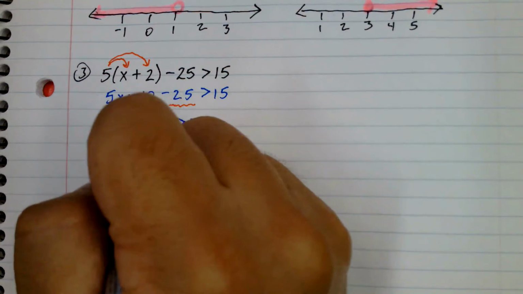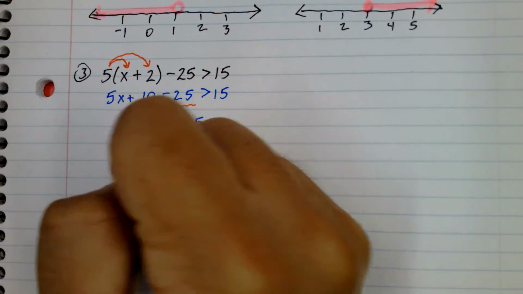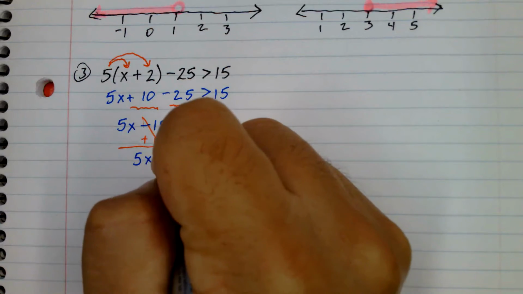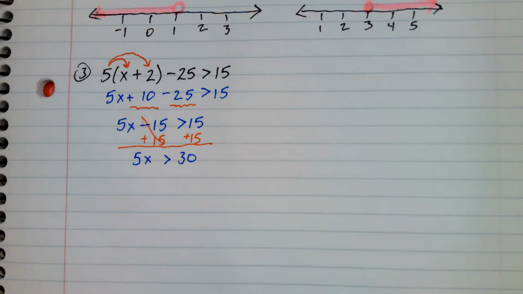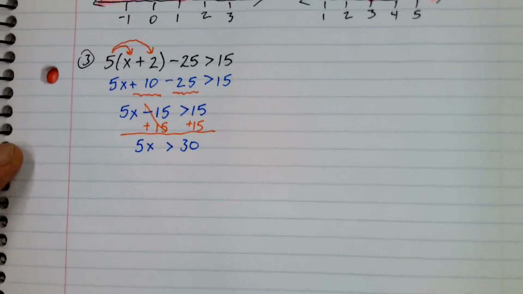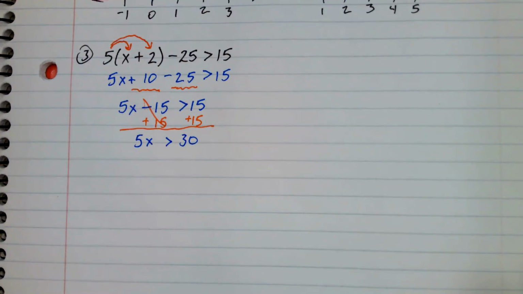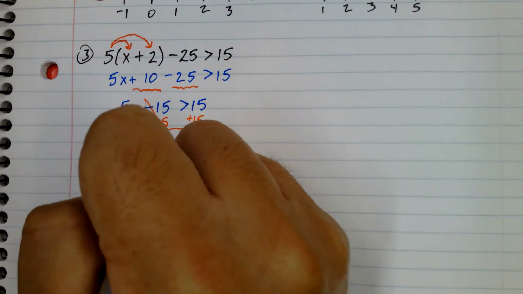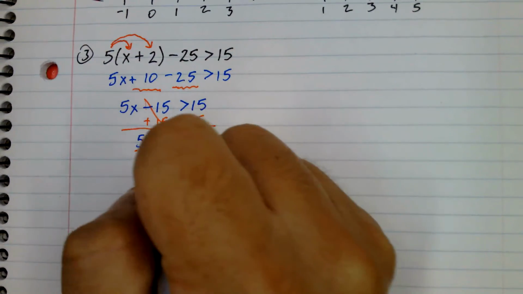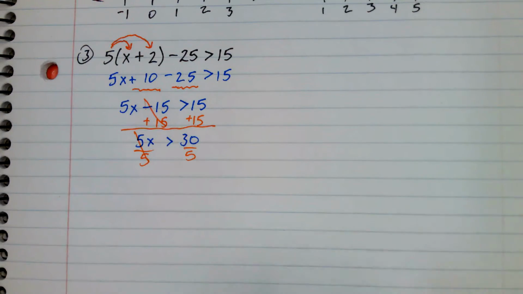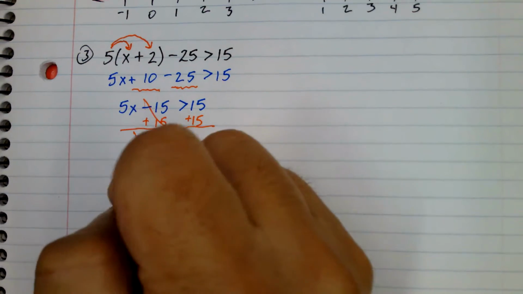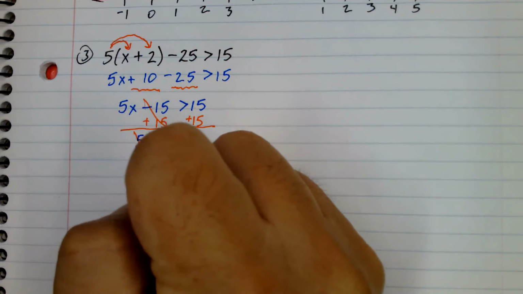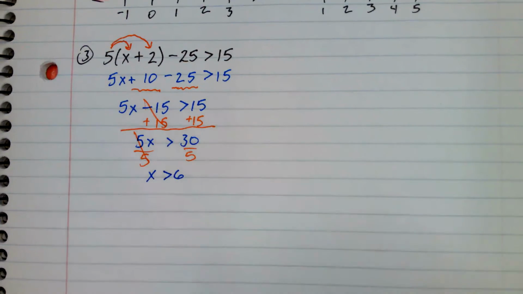And we get 5x is greater than 30. Okay, so far so good. Let's get rid of that 5. And we get x is greater than 6. X is greater than 6.